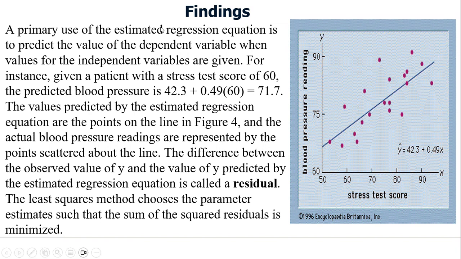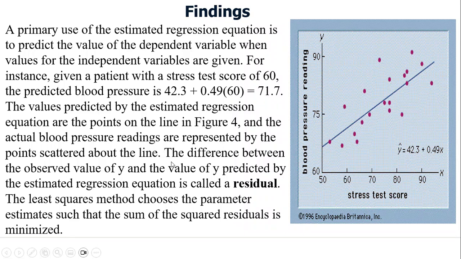Now, you could see that when they put this 60 here, which is our independent variable, which is X, they're able to get to 71.7 as our predicted value. So now we can literally see that as these values are increasing, the blood pressure reading is also increasing. So the values predicted by the estimated regression equation are the points on the line in this particular figure you are seeing here.